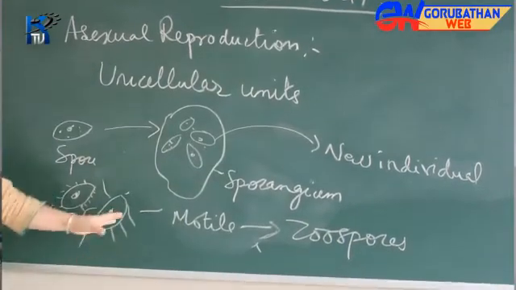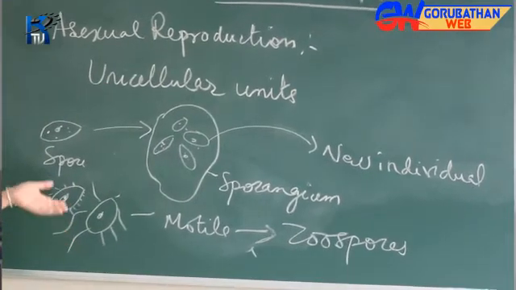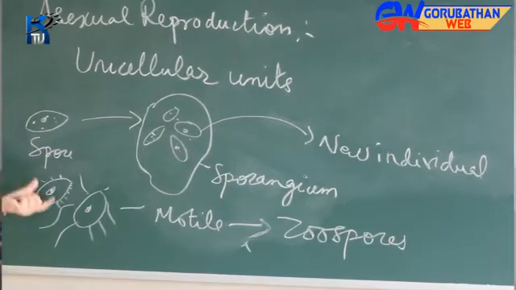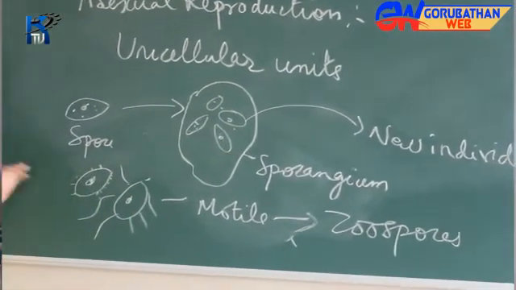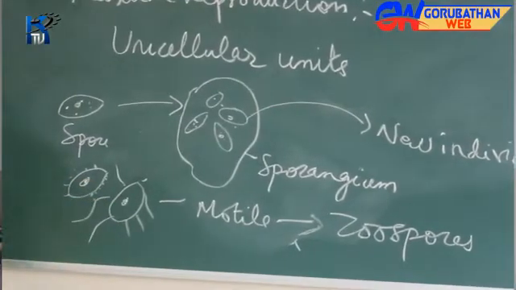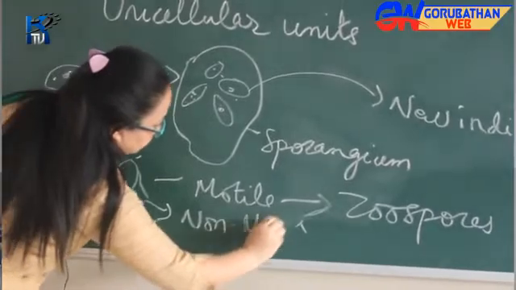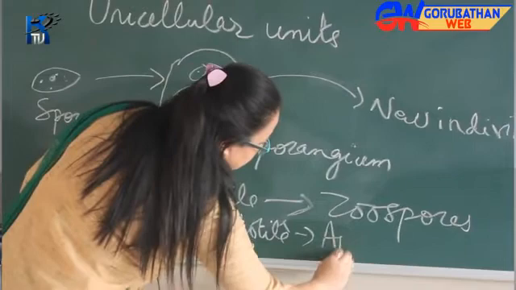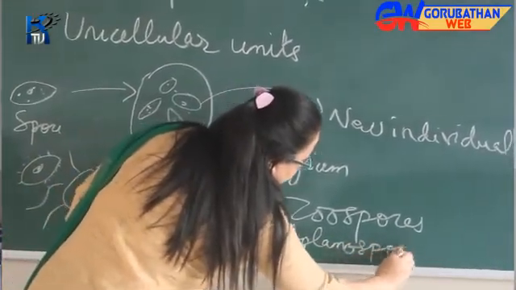And these types of spores you will find in Chlamydomonas, Ulothrix and Vaucheria. And another is, if the spores are devoid of cilia or flagella, then it is called non-motile, and this type of spore is known as aplanospore.